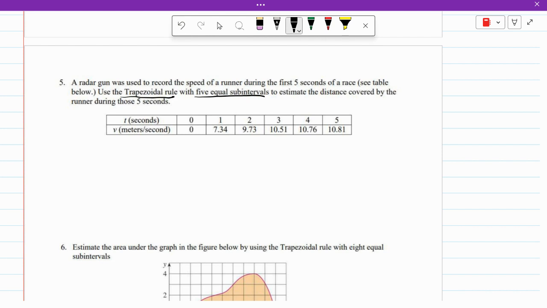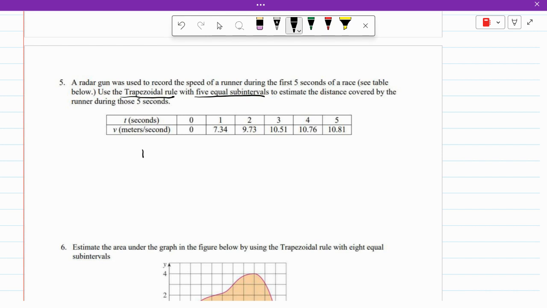Here they're asking us to integrate velocity, which is not necessarily the total distance, but if the runner's not changing direction, then the change in position, your displacement, is going to be the same as your total distance.